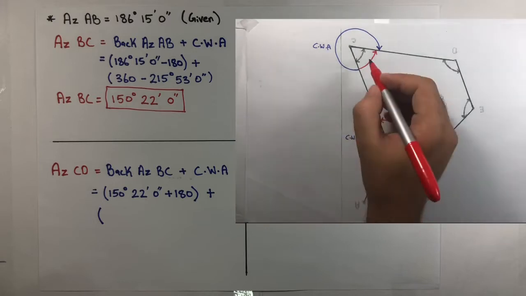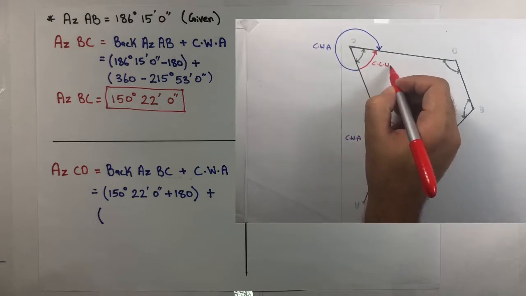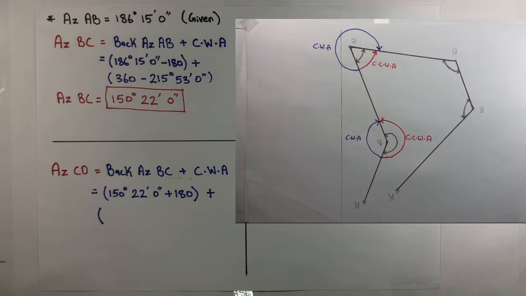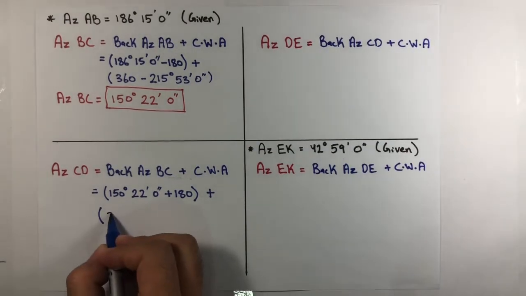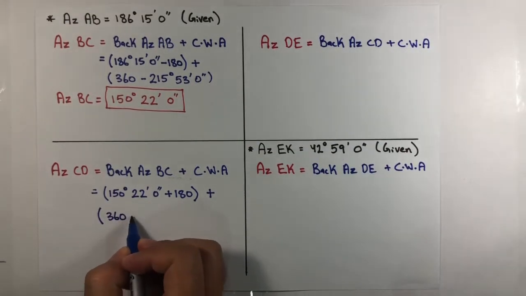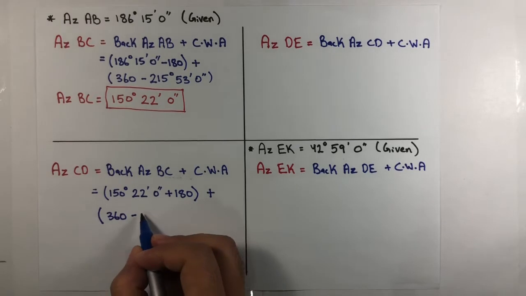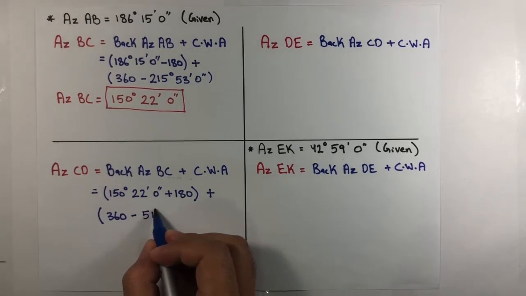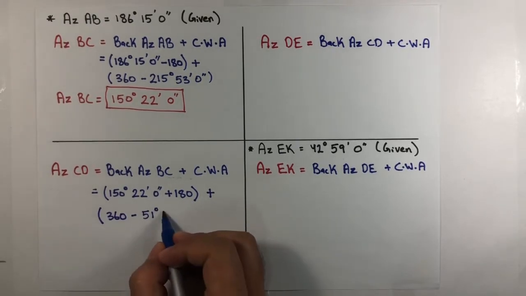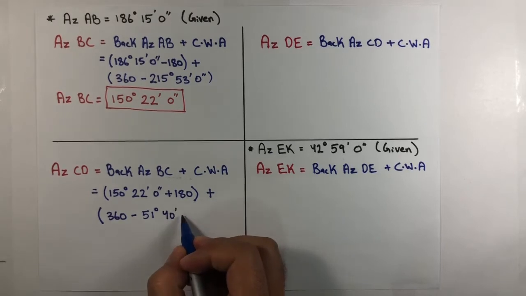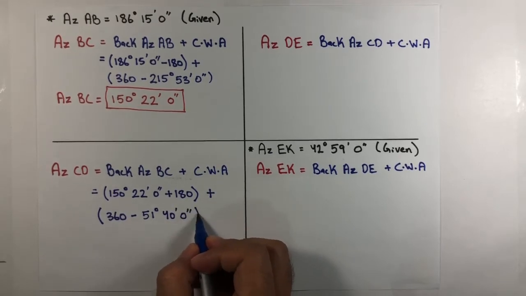So we need to get this clockwise angle, and again we'll say 360 degrees minus the counterclockwise. So 360 degrees minus 51 degrees, 40 minutes and 0 second.